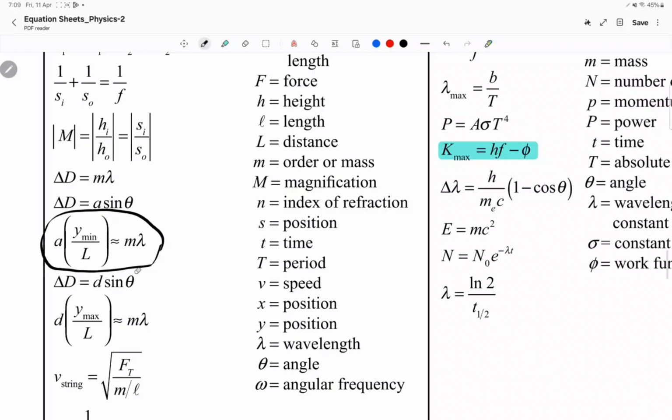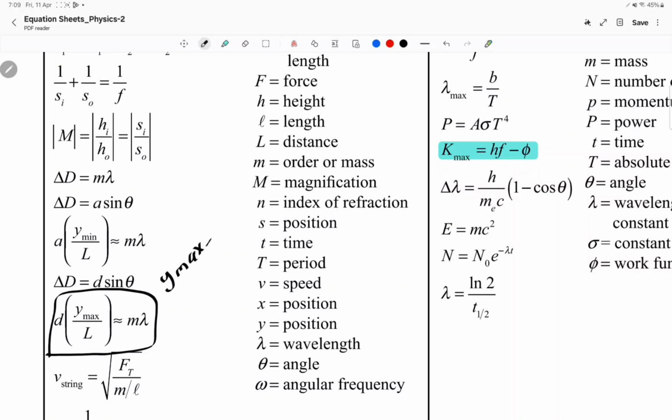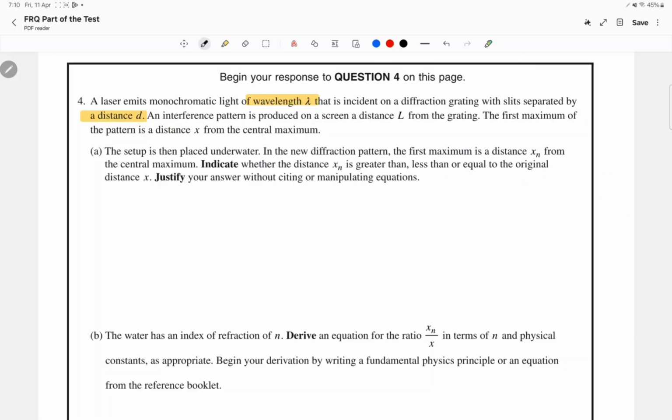Well, actually, sorry, I meant this one. And so we're going to say y max is equal to m lambda L over small d, based on that equation.